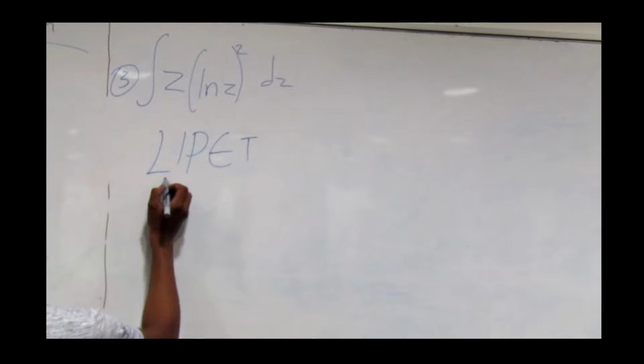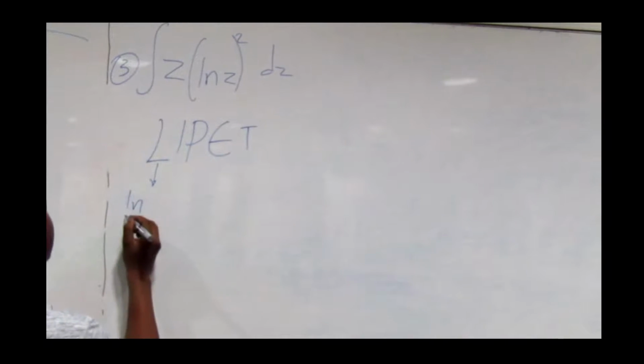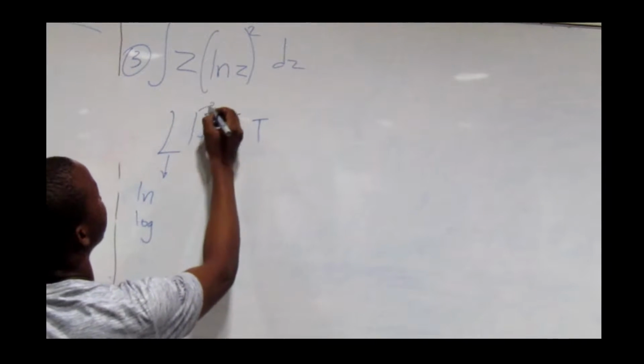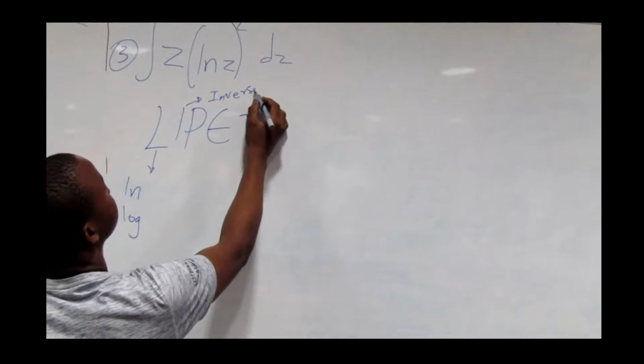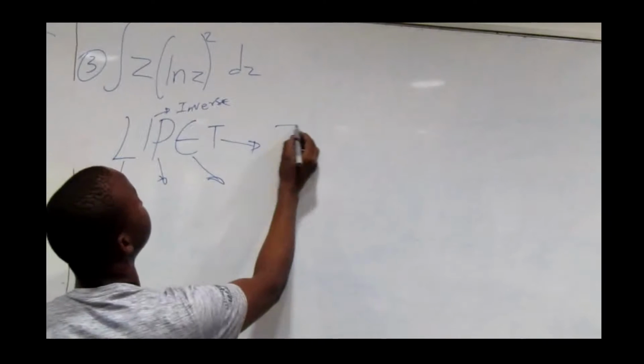Where your L means ln, log and so on. Where your I means inverse. Any equation that has an inverse is called an inverse function. Then this is trigonometry.